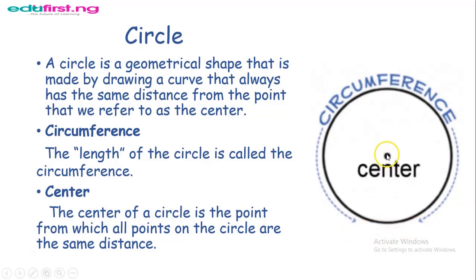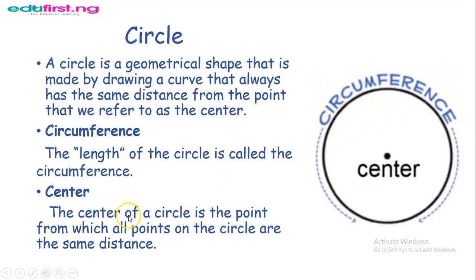As you can see, from the center to any point on the line, or on the circumference, the distance is the same. A circumference is just the length of a circle.